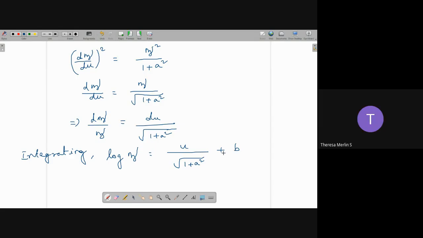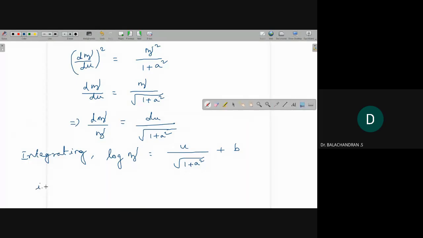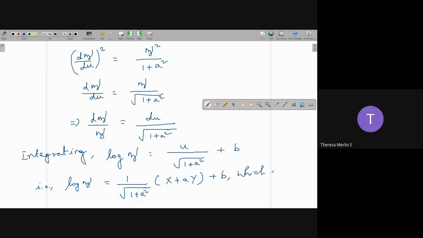Now, instead of u, we need to replace it by what? u is x plus a y. So log z is equal to 1 by root of (1 + a²) into (X + aY) plus b, which is the complete solution of equation 2.